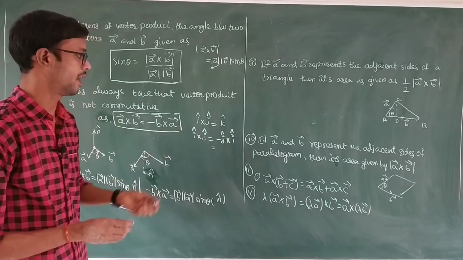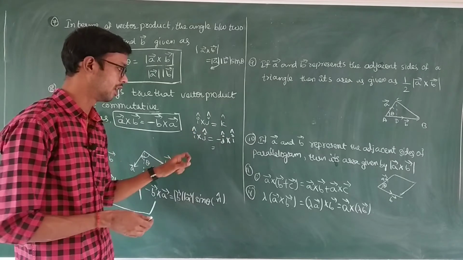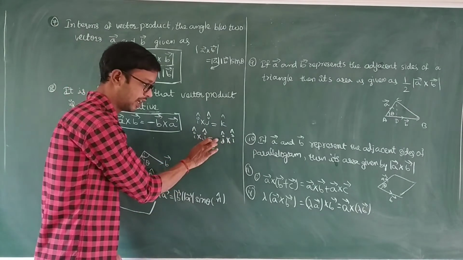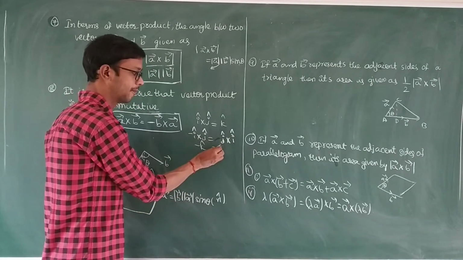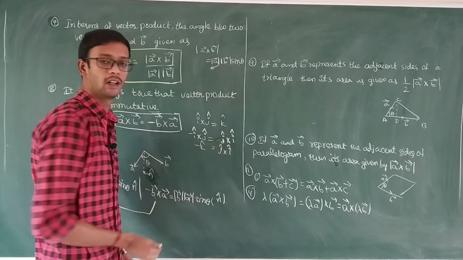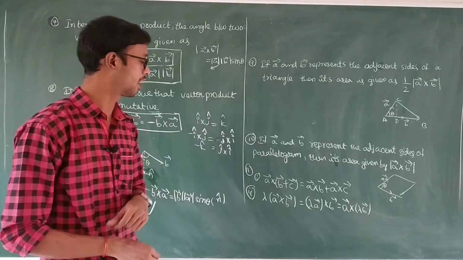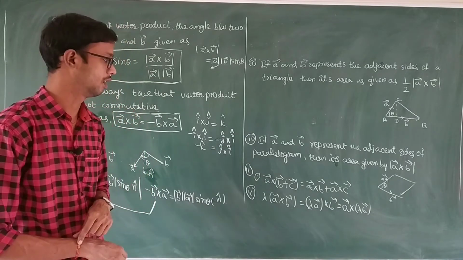Already we wrote the note point: I bar cross J bar is K cap. J bar cross I cap we need, so negative this side, you can write minus K cap. Based upon this also we can write. Already we wrote it as one more point, property number 6.